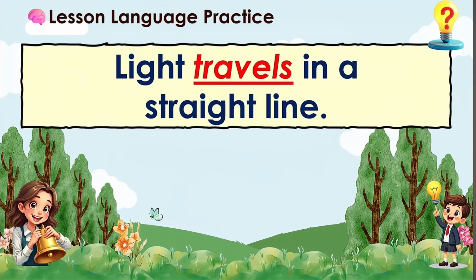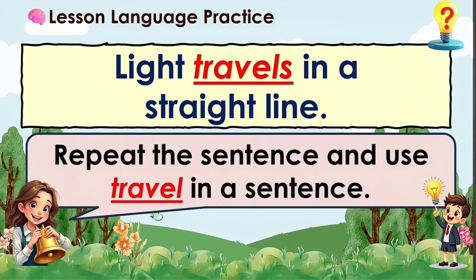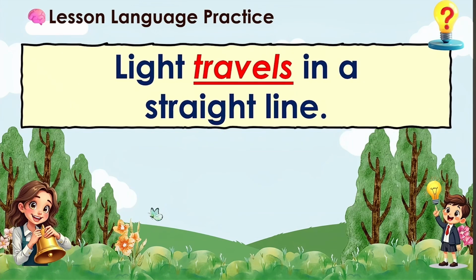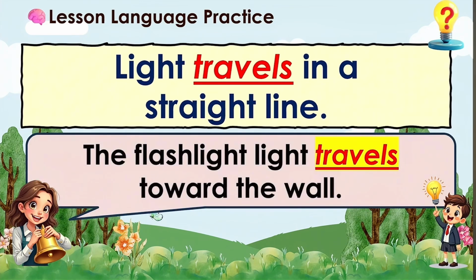Lesson Language Practice. Okay? Light travels in a straight line. Repeat the sentence and use travel in a sentence. Example sentence is, the flashlight light travels toward the wall.